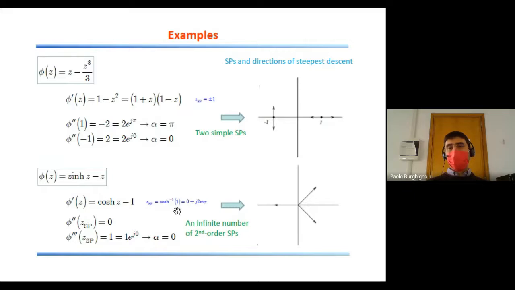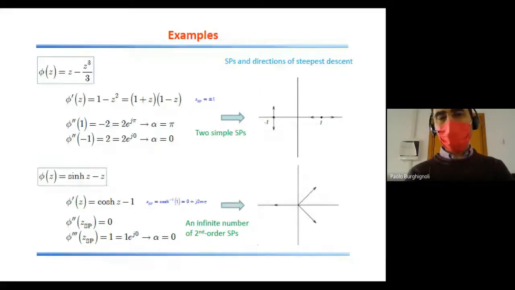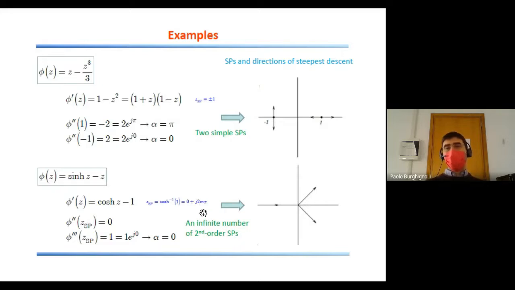Now, as you may recall, the inverse hyperbolic cosine is expressed in terms of a logarithm, and therefore it is a multi-valued function in which all the values differ by an integer multiple of j times 2 pi. So in this case, the inverse hyperbolic cosine of 1 is given by 0 plus j 2m pi.